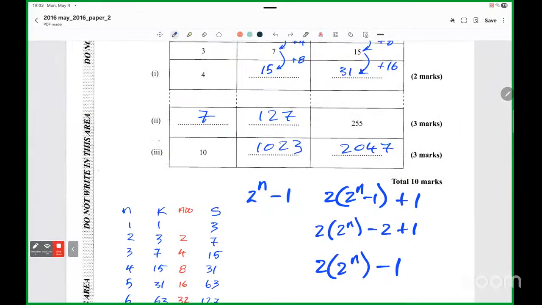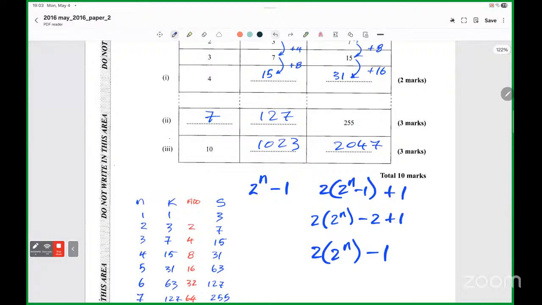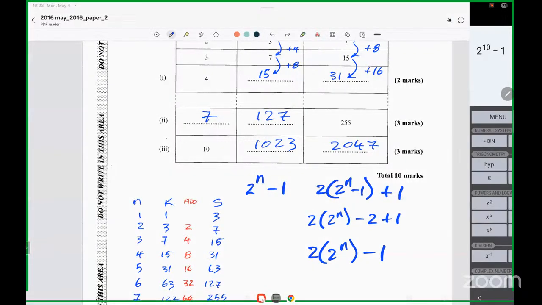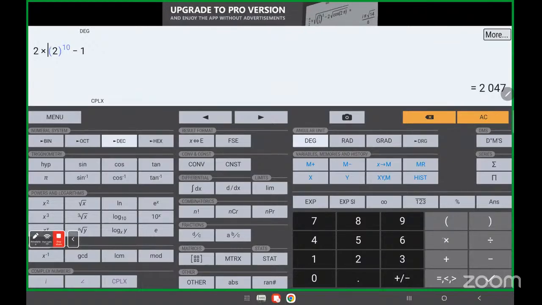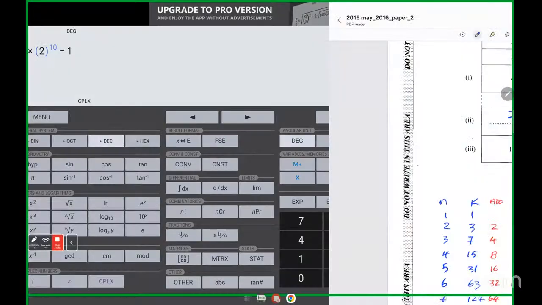See there? 1023. And then if you use the formula, it's 2 times 2 to the power 10 minus 1. Let's go. So it will be 2 times... So you get 2047. Yeah?